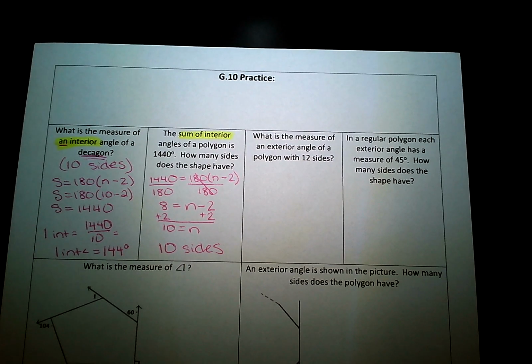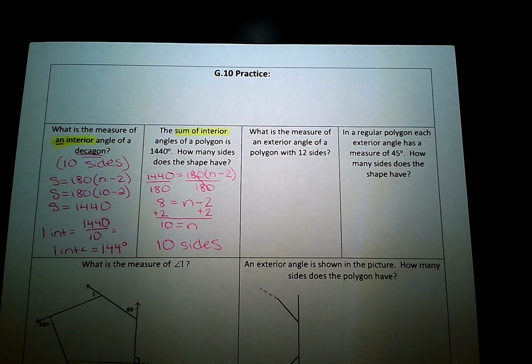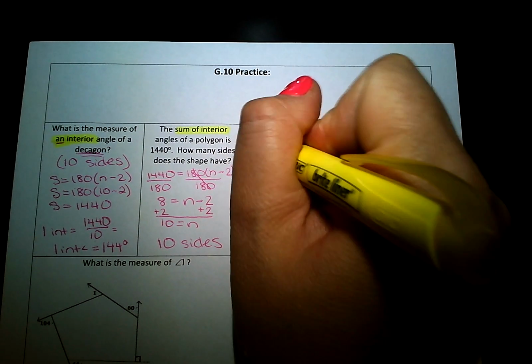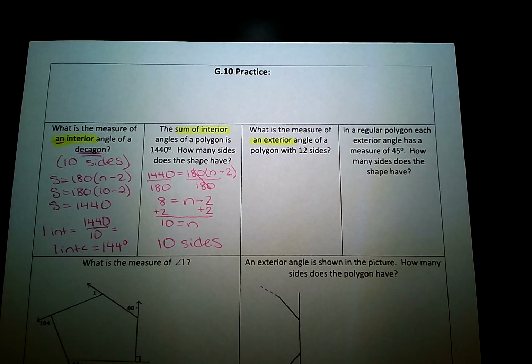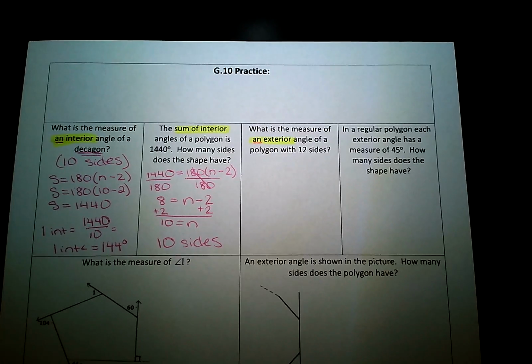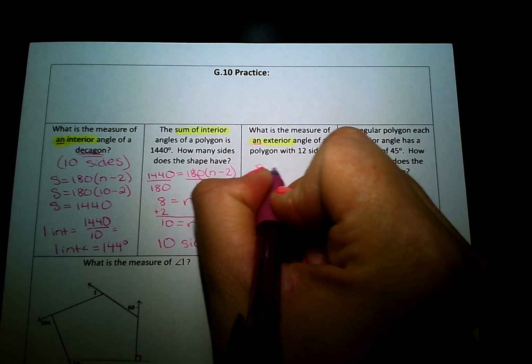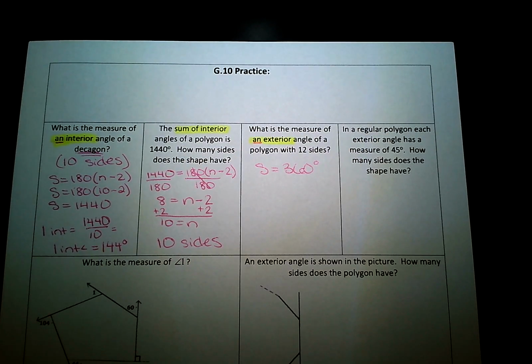Okay, our next example says, what is the measure of an exterior angle of a polygon with 12 sides? There it is. We got to read it very carefully. An exterior angle. So we want one exterior angle. One exterior. Well, we know that the sum of all exterior angles for any polygon is 360 degrees.